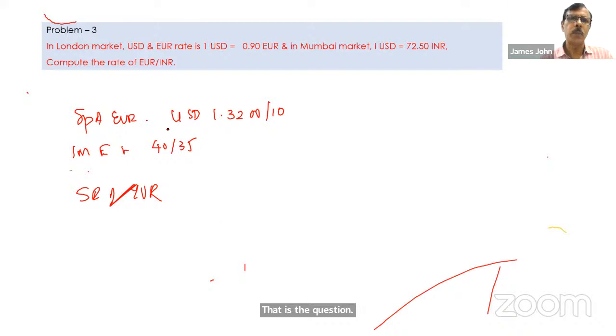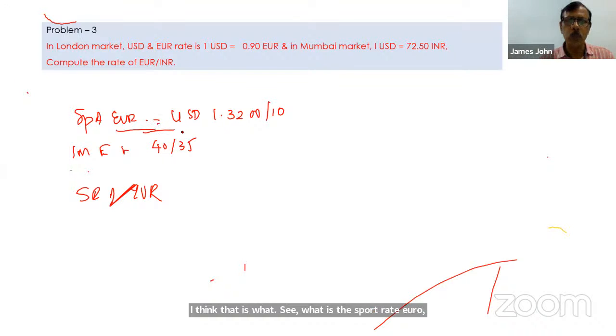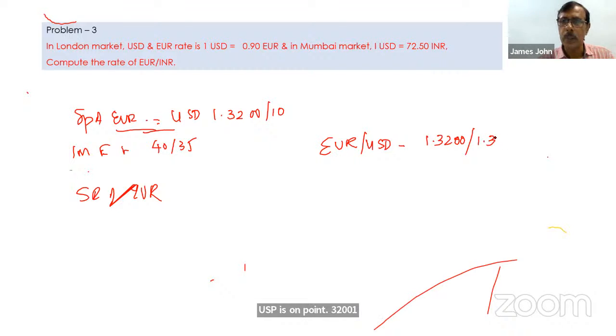See, what is the spot rate, euro equal to USD 1.3200/10? It is euro USD 1.3200 and 1.3210.